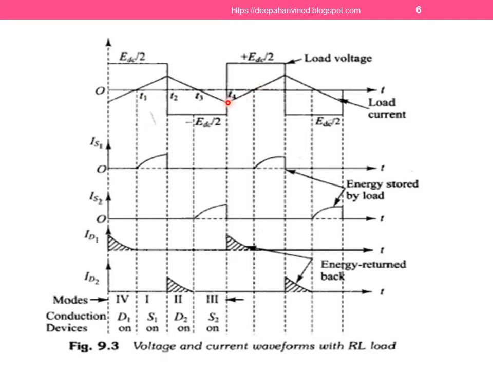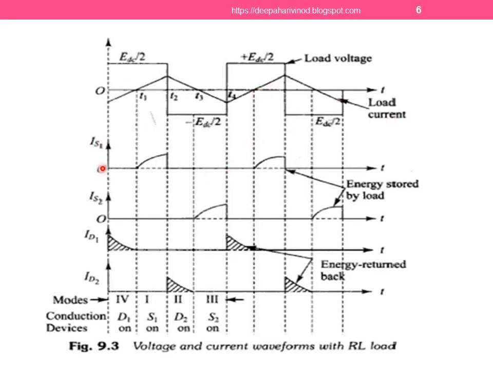When it reaches here, S2 will be off and next freewheeling diode D1 will be on, and the load current will fly back to the supply and then decrease to 0. When it reaches 0, S1 is on again and the process repeats.